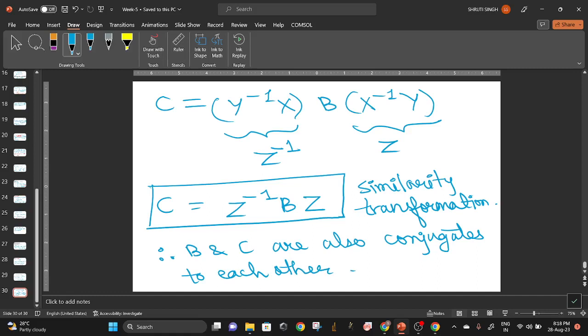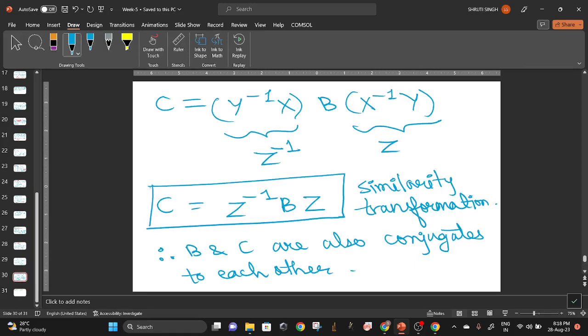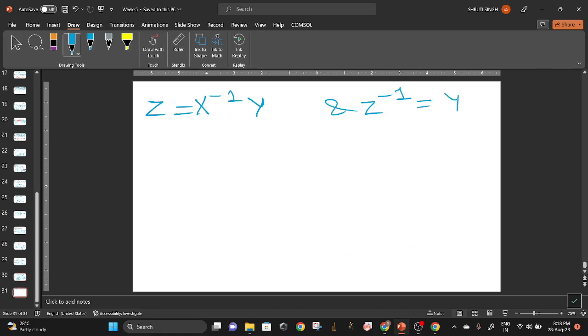Okay, now how have I taken this z inverse z? I have taken z equal to x inverse y and z inverse equal to y inverse x. So when I multiply z inverse z, I should get identity. Then only these two are inverses of each other.